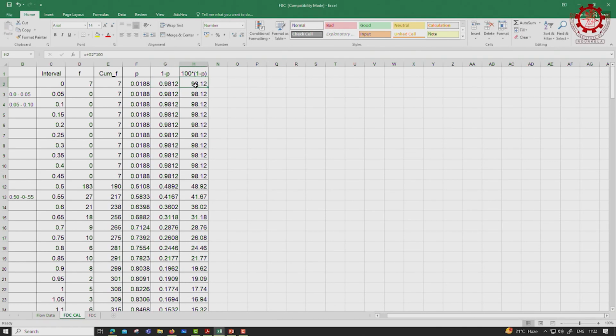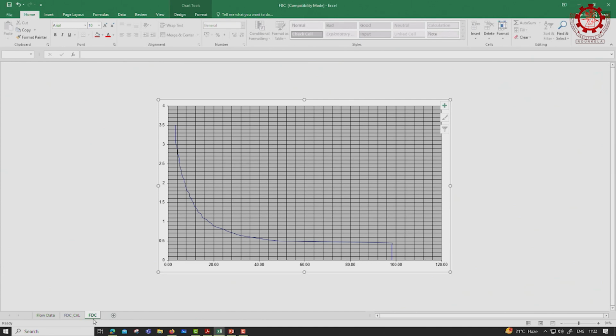Now, I draw a graph between this last column and the second column here, column C, right. I draw a graph between column C and column H, right. Then it happens to be a graph like this, we call it a flow duration curve, right.